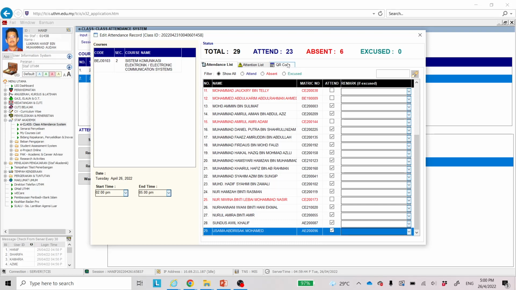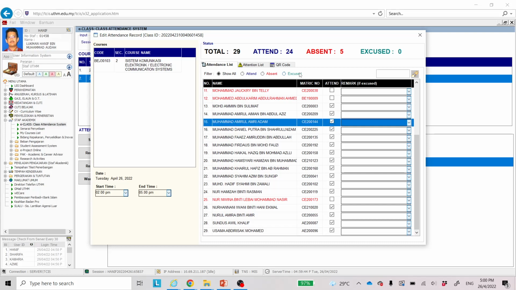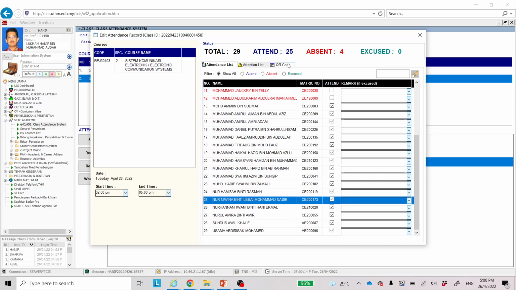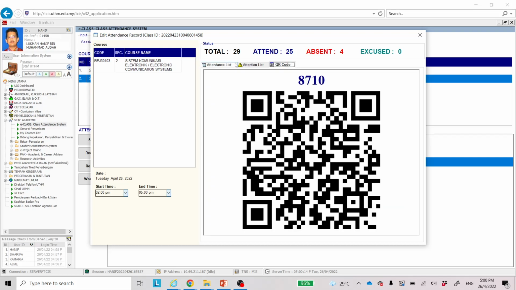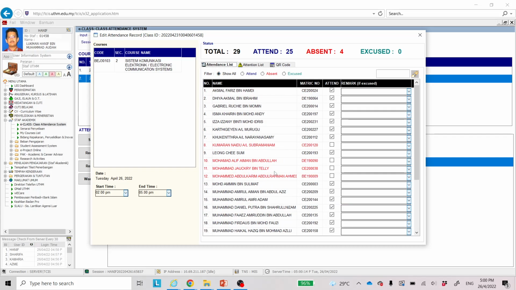Muhammad Amirul Amri, okay, done. Number 25, Iwanina, done. Number 11, Muhammad Jokri Tali, okay, done. Number 8, Kumaran Naidu, okay, done.